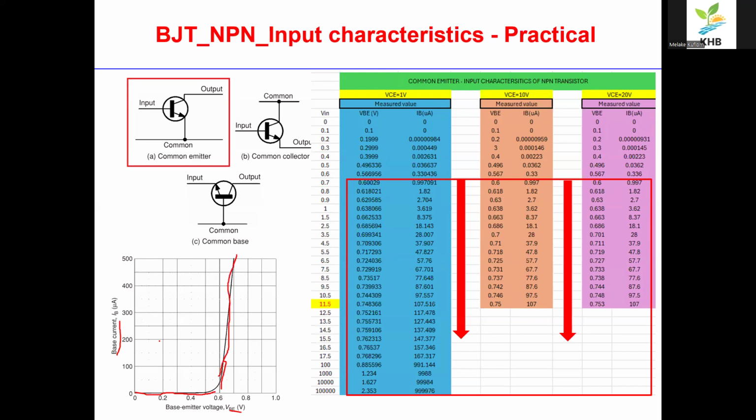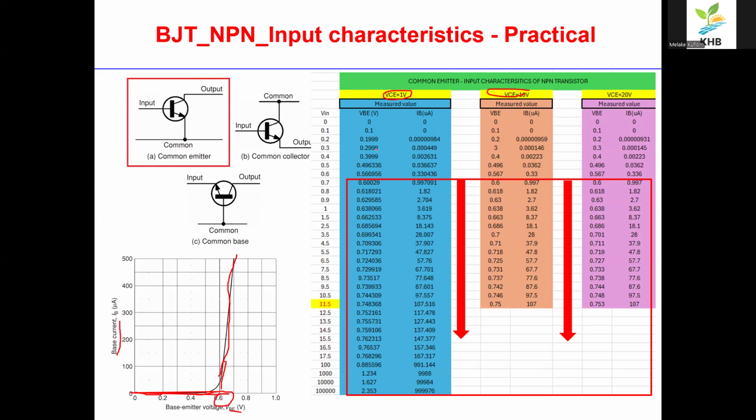Which means the transistor is drawing a lot of base current when the voltage is above 0.6. So when we do the testing, we can have this configuration, VCE 1 volt, 10 volt, or 20 volt.